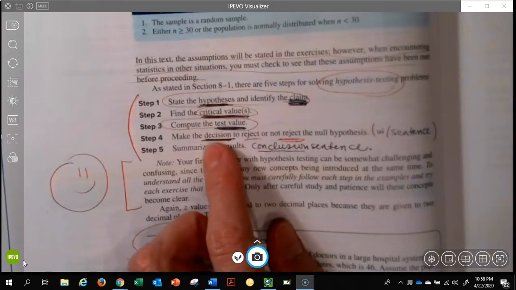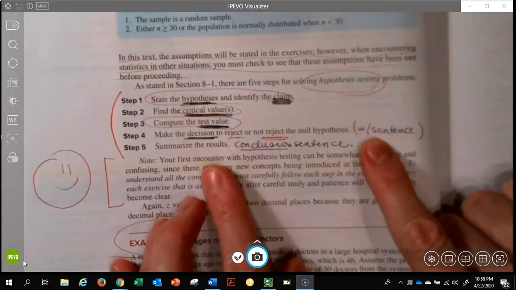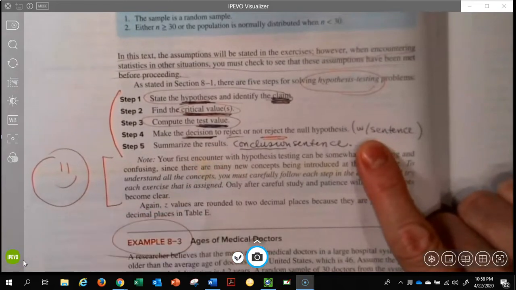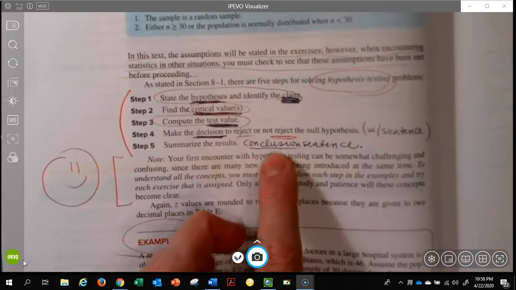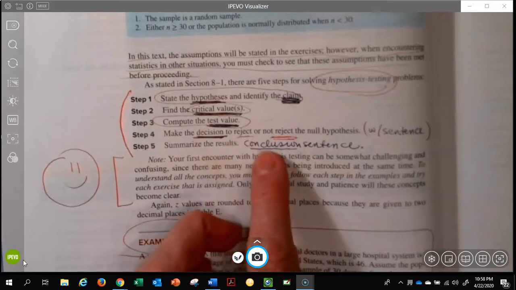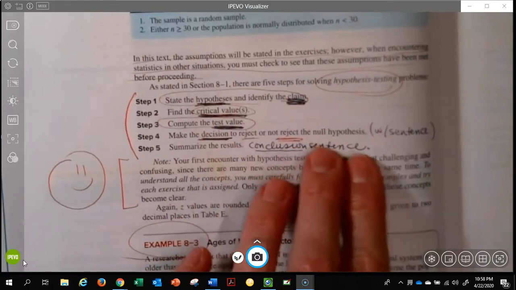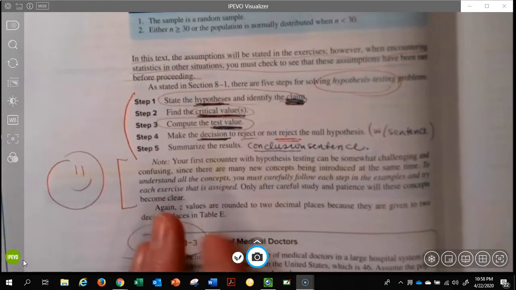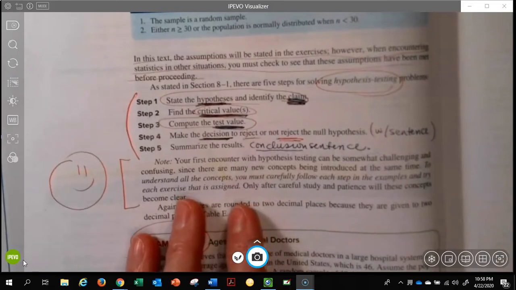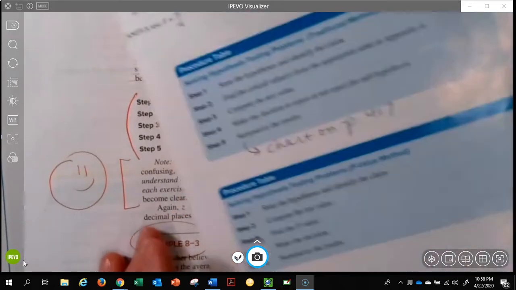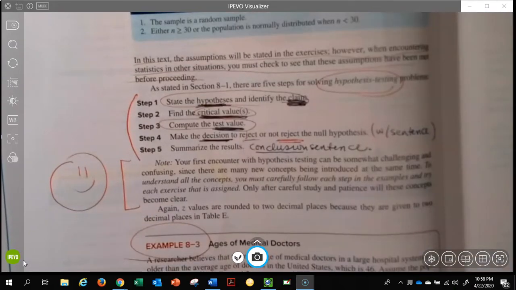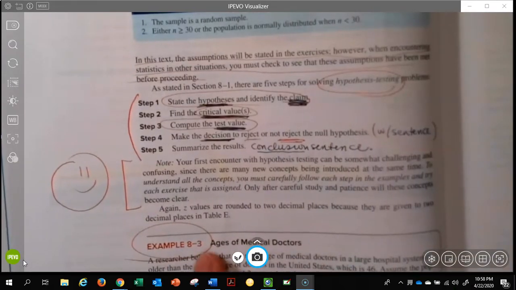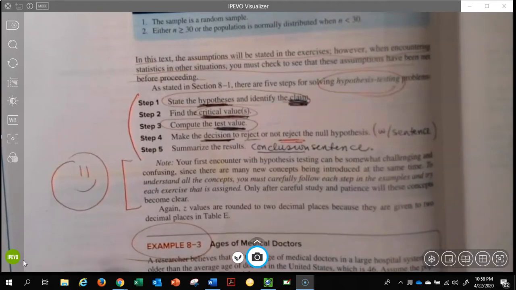I will then ask for your decision, which will be a sentence, and it's going to be a sentence like we will or we will not reject, and the why. And then you'll finish up by saying, knowing this decision, our conclusion is, and then you will have your page 417 statement that you've already put somewhere on this formula card, that you will come back to write your statement, which will include specific details for your question, your problem.